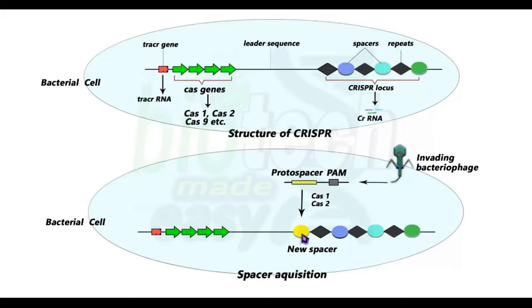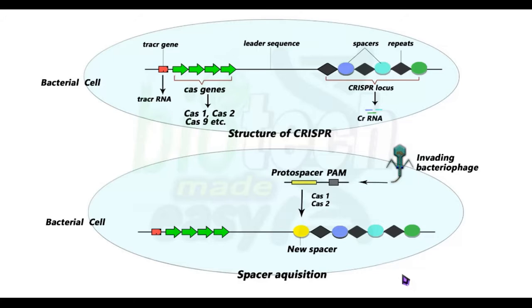So only this spacer is added here or inserted here, not the PAM. PAM is cleaved before protospacer is incorporated here. So that's how a new spacer has been incorporated in the CRISPR locus.